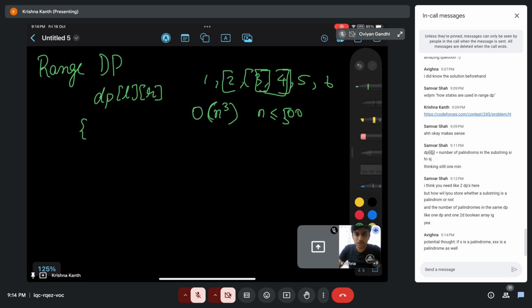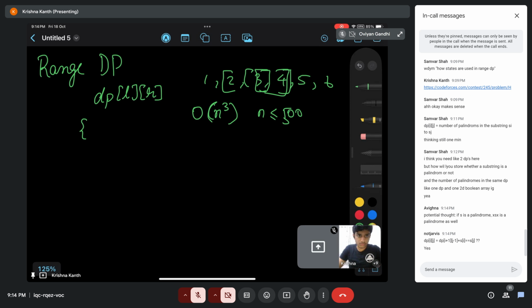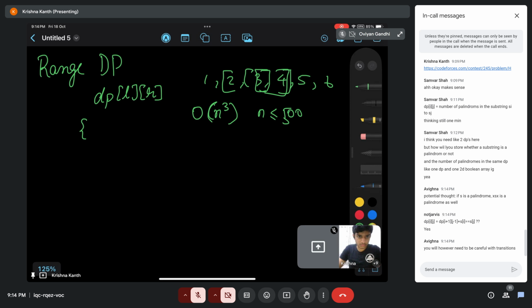Yes, Avigna's hint is correct. It's the only key idea to solving the problem. That is one correct transition, but I think you're missing out on two other transitions as well. That's not the only case that you need to add. The transition is not very simple.